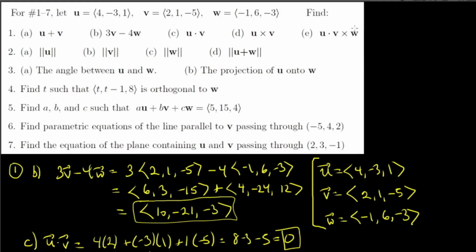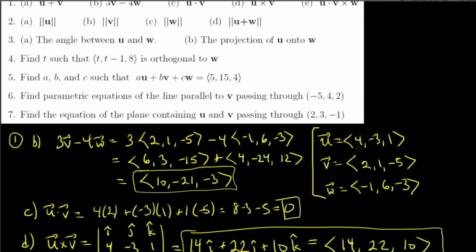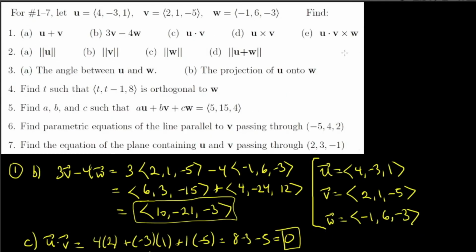It's just taking the cross product of V and W, so you have to do that first, and then take the dot product with V. One thing I should mention about part E is that this looks ambiguous. Do you want us to take the dot product of U and V first, or the cross product of V and W first?